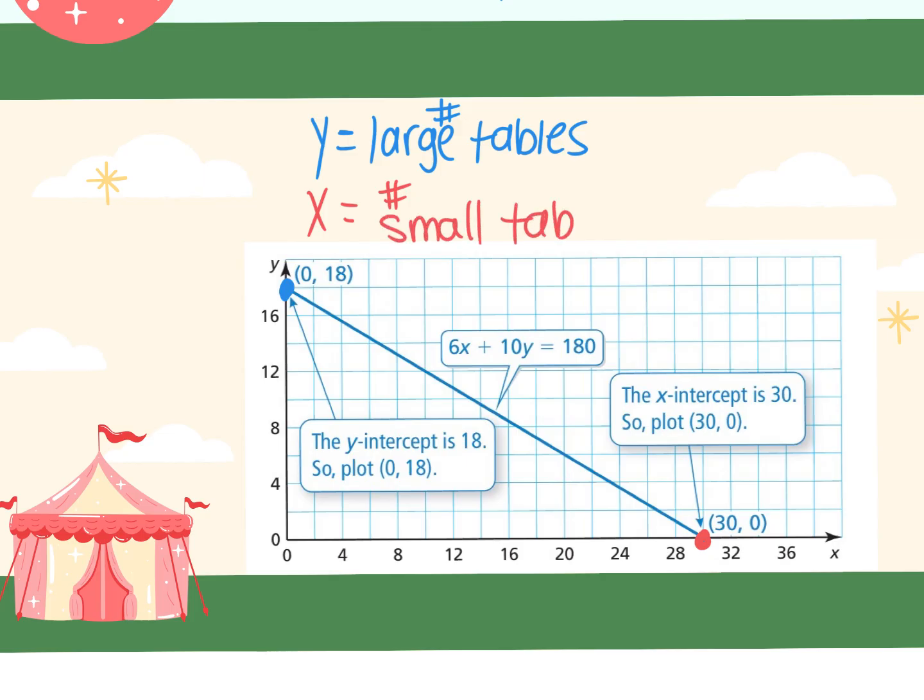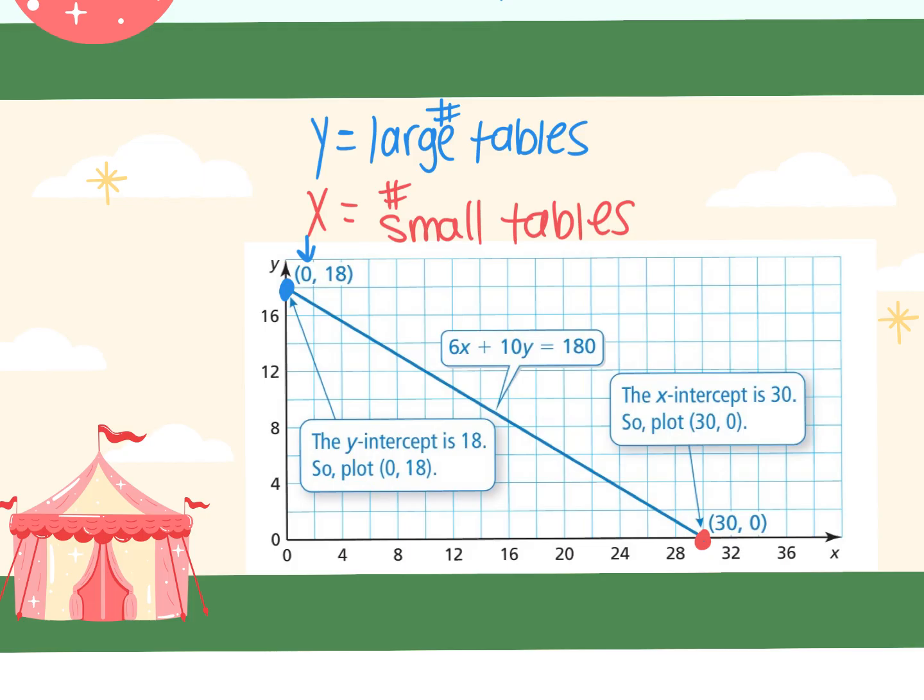So if we look at this y-intercept, which is 0, 18, what is the x value of this ordered pair? The x value of this y-intercept is 0, right? And the y value is 18. So didn't we say the x represents the small tables?